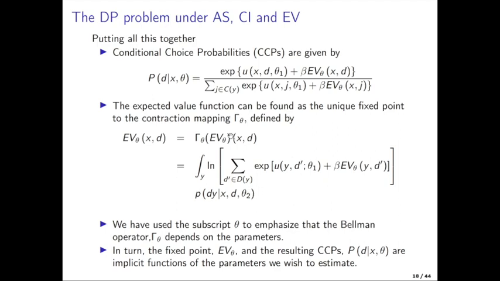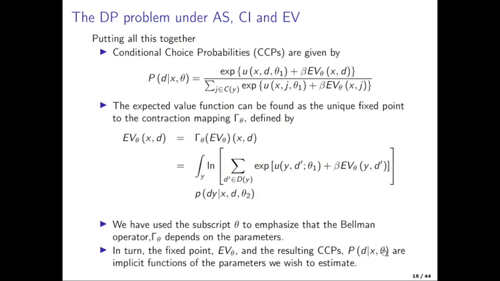And since the operator depends on the parameters, then in turn also the solution for that equation that we're trying to solve depends on the parameters. So the fixed point, the expected value function, is an implicit function of the parameters. You change parameters, you change replacement cost, well, then the expected value of owning a bus of a given mileage will change. Very intuitive. And the resulting conditional choice probabilities are also implicit functions of theta, so we write that.